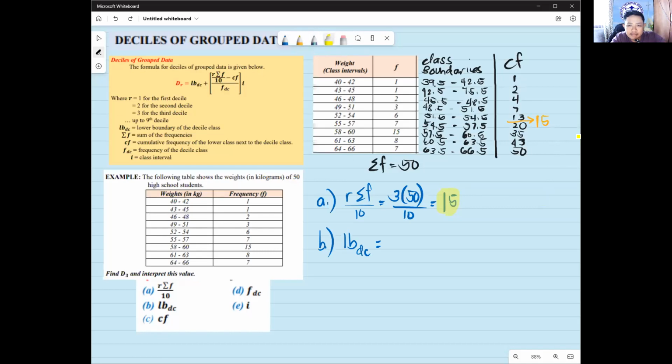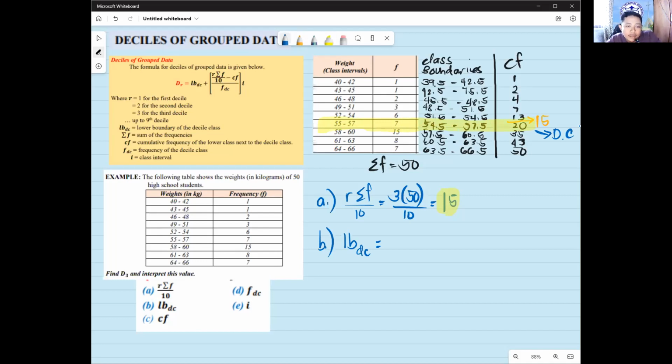And what's that next number? That's 20. So therefore, this is our decile class. Wherever is that number greater than the value you got from letter A, that will be your decile class. Take note of that. So this is now your decile class.